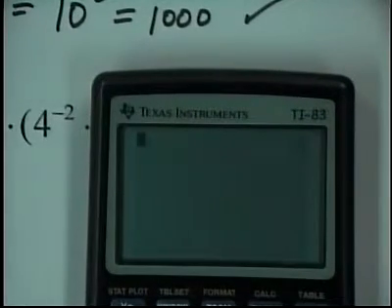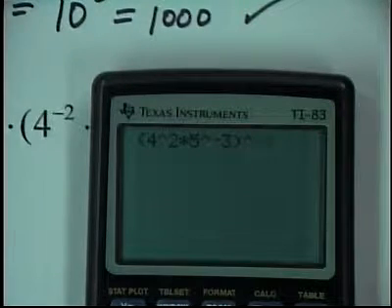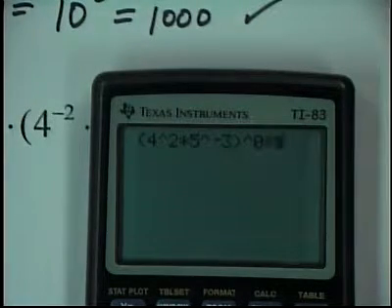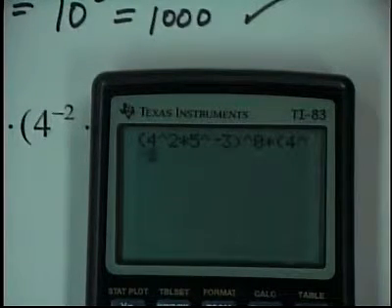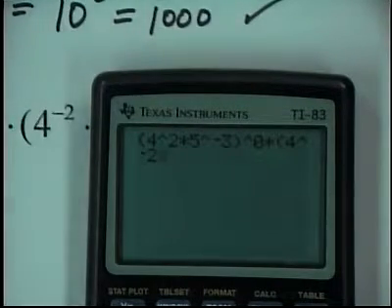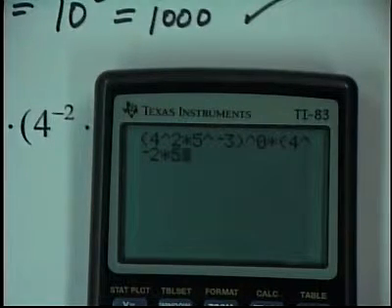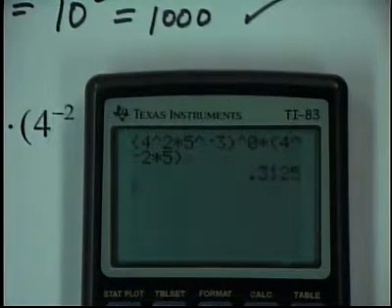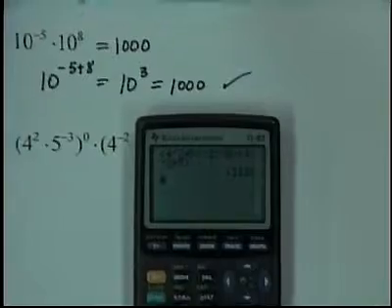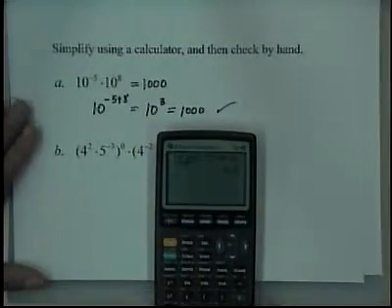We're going to enter 4 to the 2nd times 5 to the negative 3rd, all of that to the 0 power, times, parentheses, 4 to the negative 2 times 5, close parentheses. Now the answer we get on the calculator is 0.3125. Well, let's write that down and then work the problem by hand and see how that confirms what we just did.